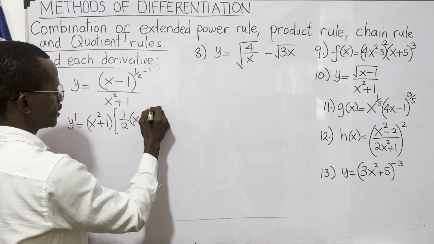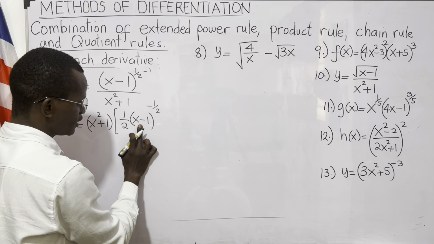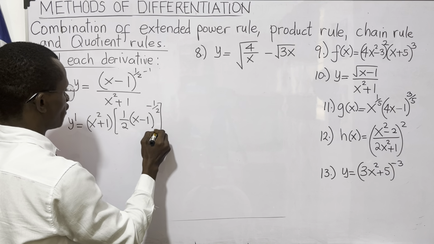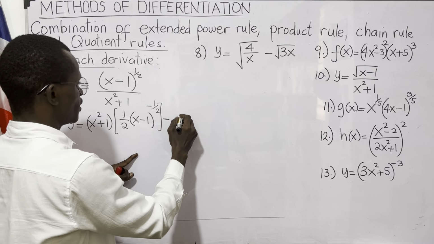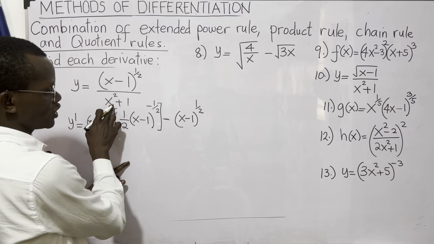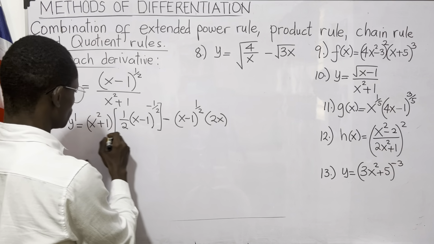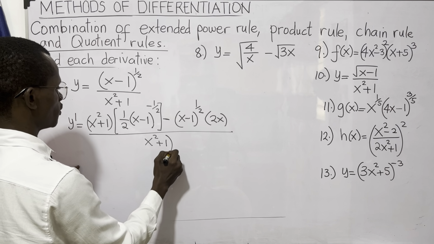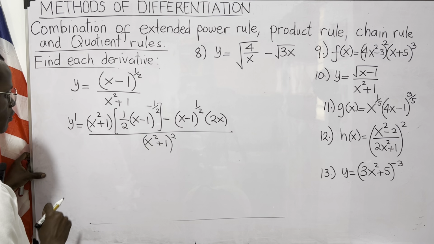Subtract 1 from this power, it gives us negative 1 over 2. The derivative of what is inside is just 1, so there's no need. So we have differentiated this portion. So we say minus, we rewrite the numerator, x minus 1 raised to the power 1 over 2, and we differentiate the denominator. Derivative of x squared is just 2x, divided by x squared plus 1, then we square it. So we can just simplify now.